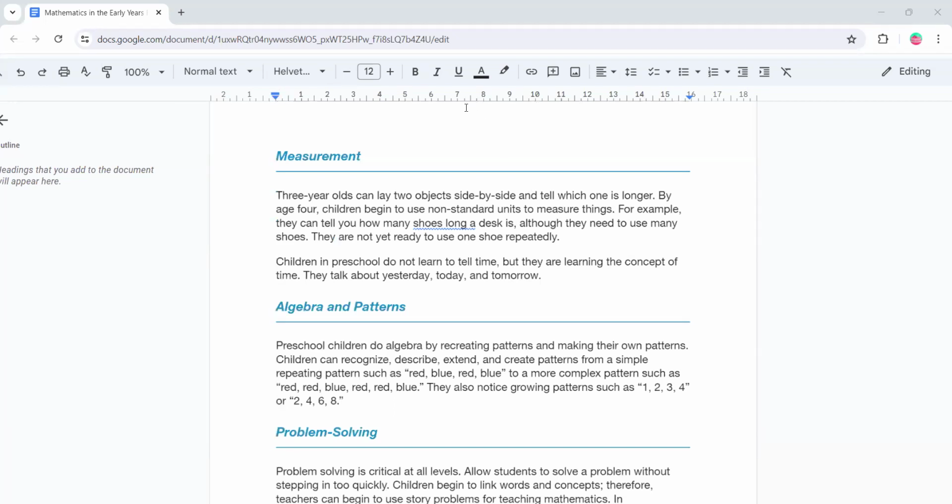Children can recognize, describe, extend, and create patterns from a simple repeating pattern such as red, blue, to a more complex pattern such as red, blue, like that. They also notice growing patterns such as 1, 2, 3, 4, or 2, 4, 6, 8.